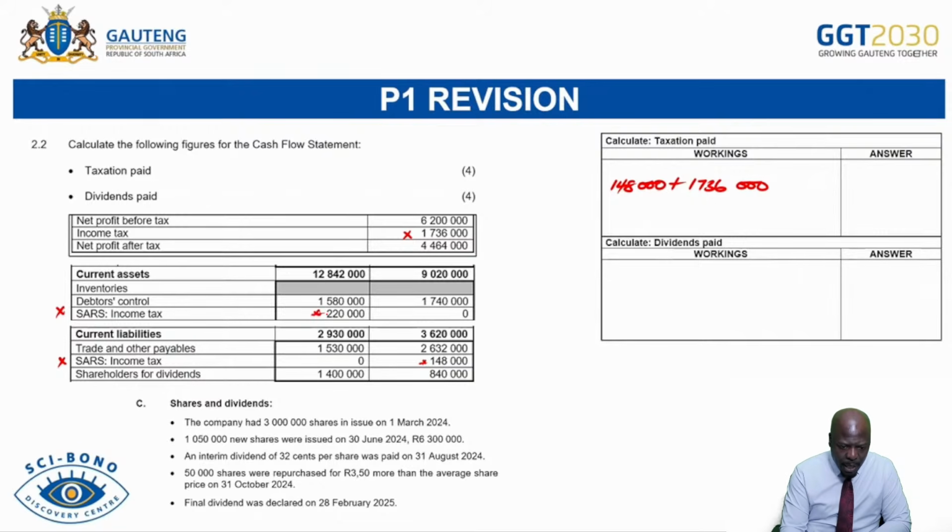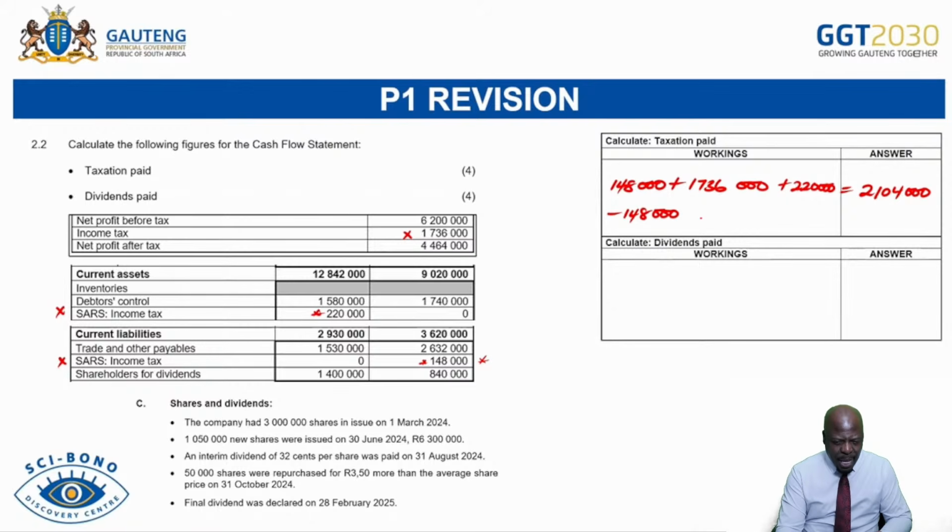That simply means you've paid more. Now SARS owes you. So you're still going to add it here, 220,000 there, and then it would give you your amount paid, which is 2,104,000. But someone would have started it with a negative sign, because my SARS income tax is a liability, minus 148,000.